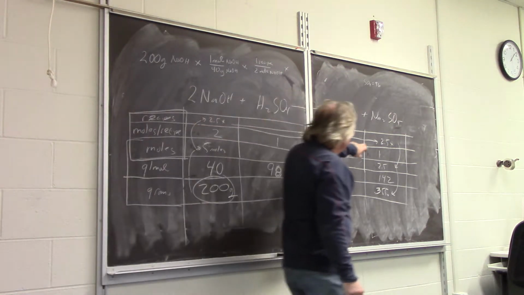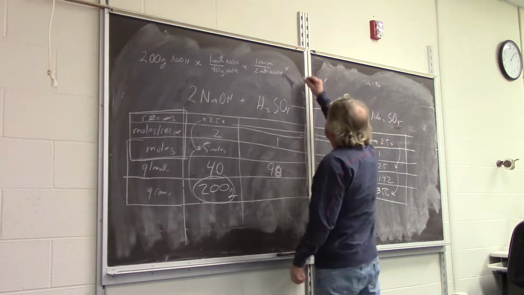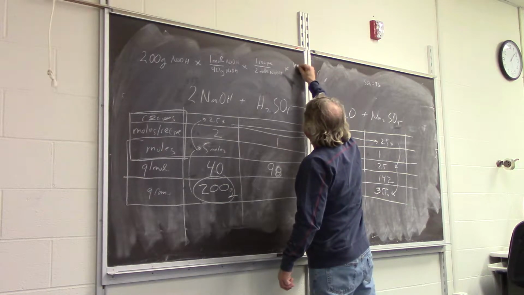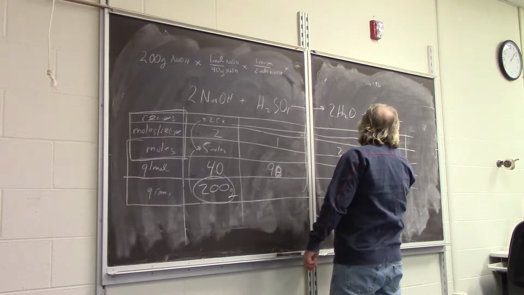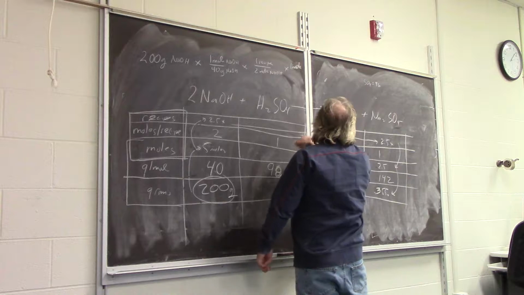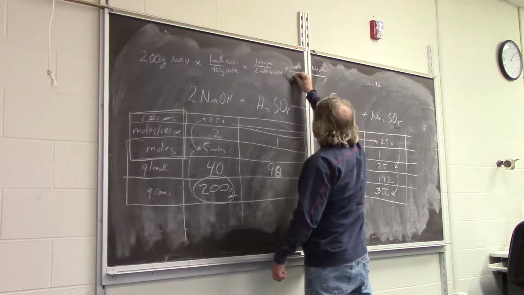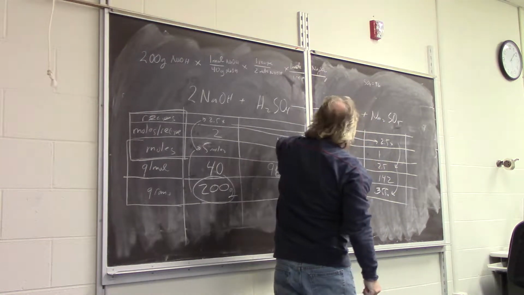Now I go over here, and I'm going to go down, so I leave it as it is. Now it's going to be 1 mole, I mean, 1 recipe. Sorry. It's going to be 1 mole of sodium sulfate divided by 1 recipe. So it's 1 mole per recipe going down.